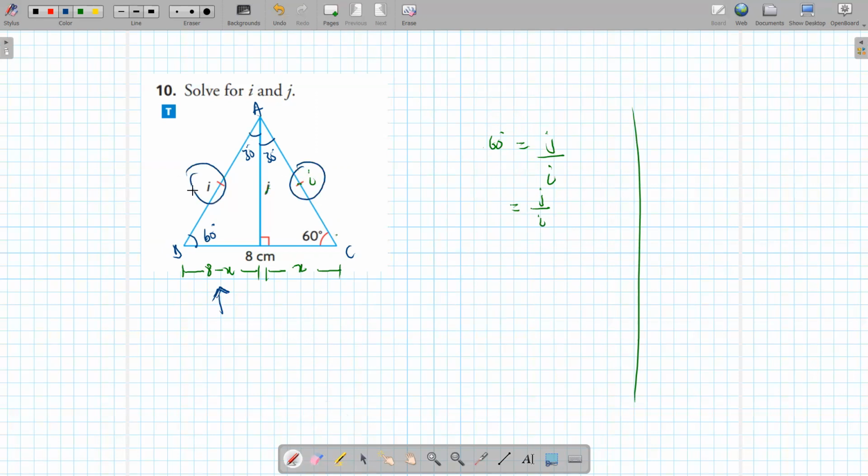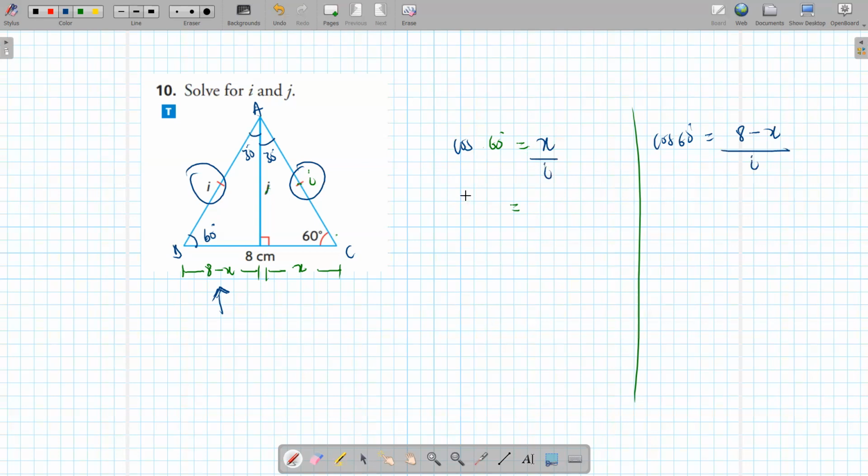I and I is the same, right? We're going to use I and we're going to use our x's. So that means adjacent. It's going to be cosine. Cosine 60 is equal to, for the right triangle, x over I. For the other triangle, it's 8 minus x over the hypotenuse, like that, you see?